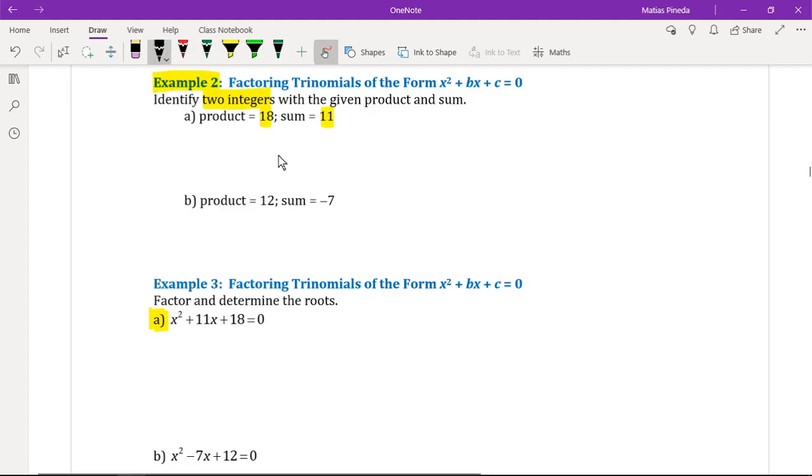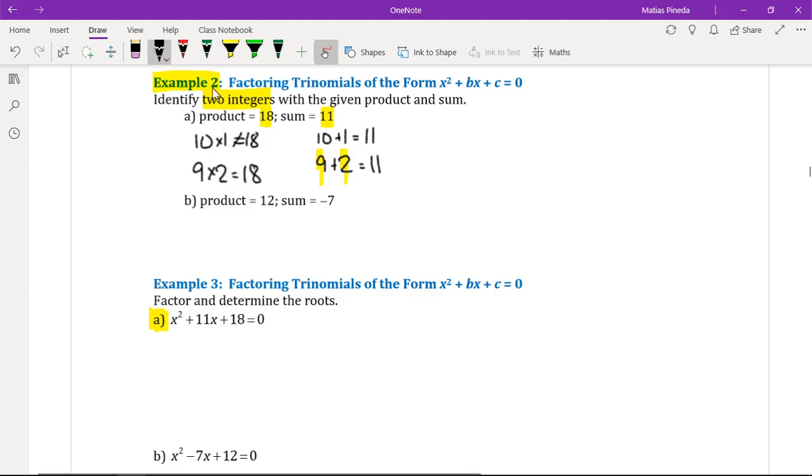We can try different combinations. For example, 10 plus 1 equals 11. That's the sum, but 10 times 1 does not equal 18, so the two numbers cannot be 10 and 1. We can do 9 plus 2, that equals 11, and 9 times 2 equals 18. So the two integers they're looking for are 9 and 2.